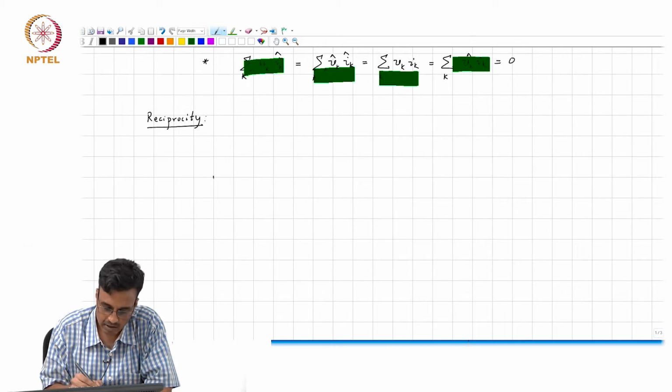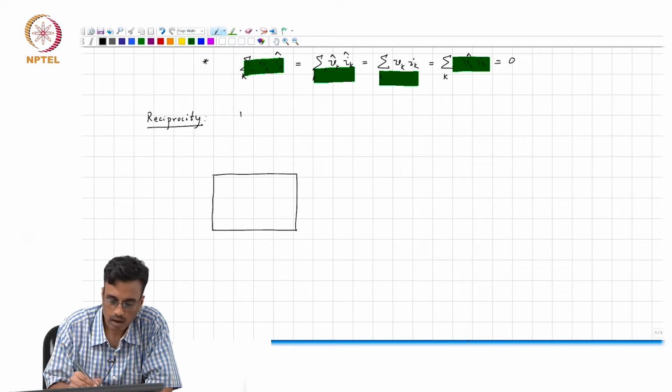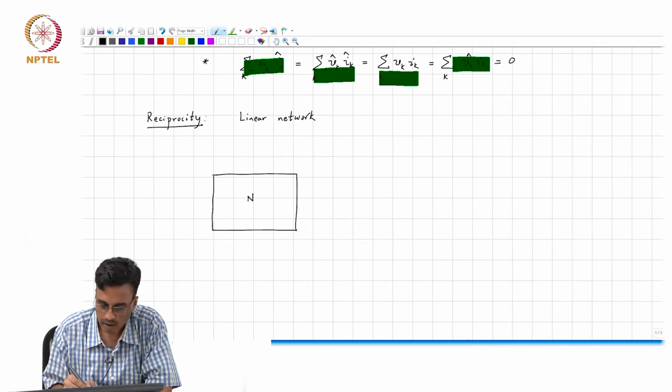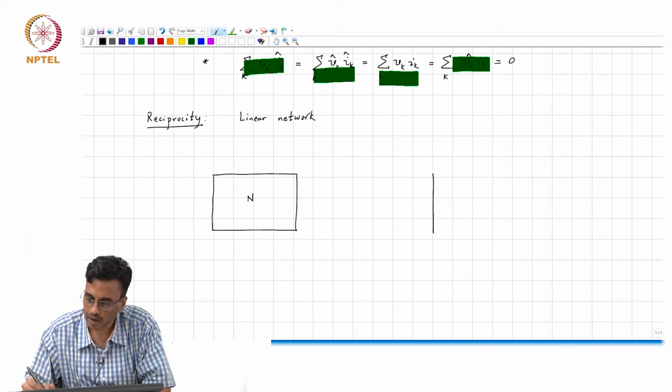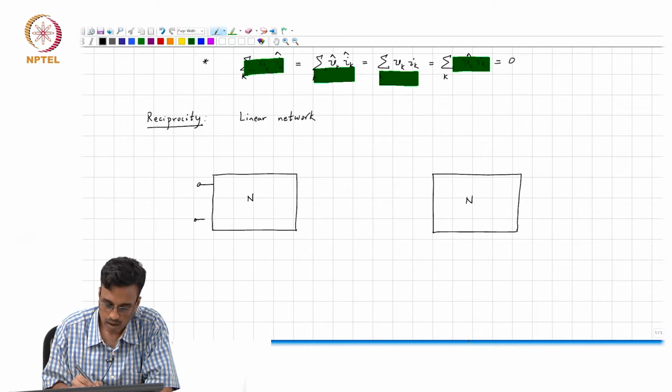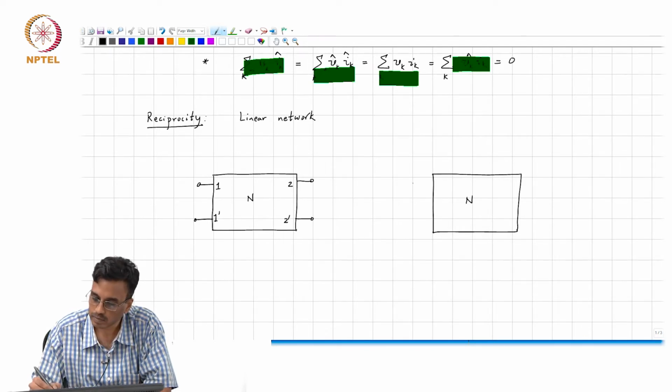The idea is the following. Let us say you have a linear network, and we have another copy of the linear network. Let's assume it has two ports, 1 prime and 2 prime.